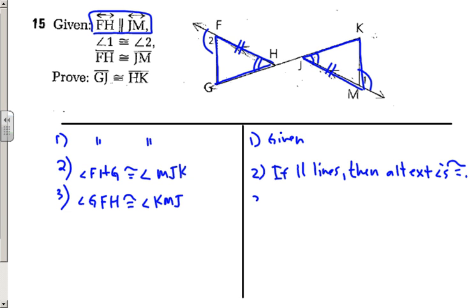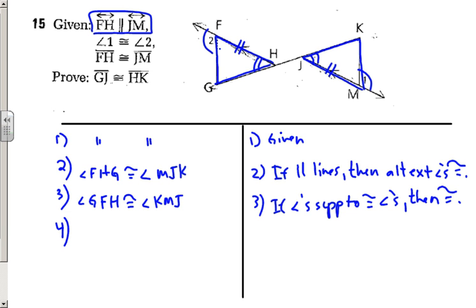That is because angle 1 and angle 2 are congruent, and the other angles are congruent because if angles are supplementary to congruent angles, then they are congruent. Since angles GFH and KMJ are supplementary to the congruent angles 1 and 2, they are going to be congruent.